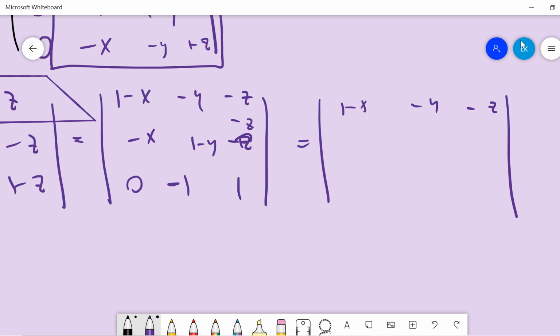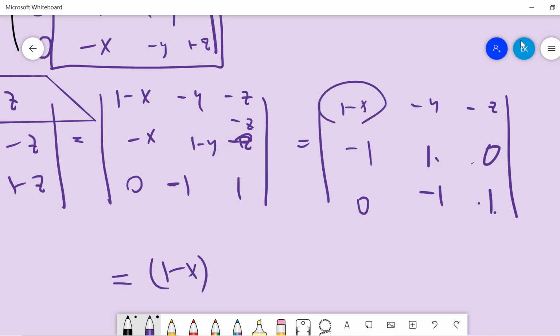There are multiple ways to do this, and I will show a much better way. But I just want to say that this method still looks okay. Going to multiply the first row by minus 1 and then add it to the second row. Up to now I think we can compute this, right? So this is 1 minus x, the determinant of this, plus y minus 1 minus z.